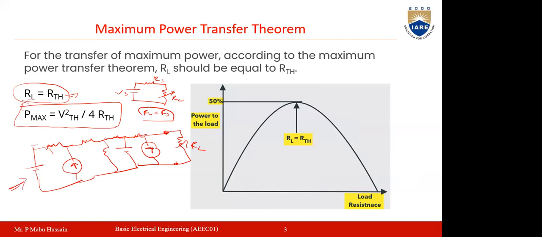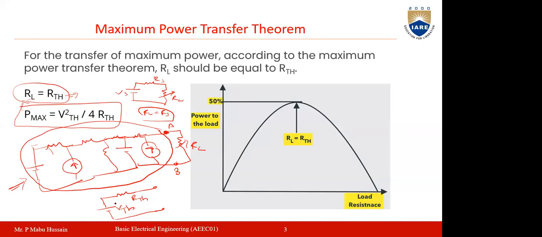First of all, between the terminals A and B, the load terminals, you need to find the equivalent Thevenin circuit. Then the total circuit becomes V Thevenin in series with R Thevenin. The entire circuit between terminals A and B is replaced by a single voltage source in series with a resistance, where the voltage source value is V Thevenin and the resistance is R Thevenin.